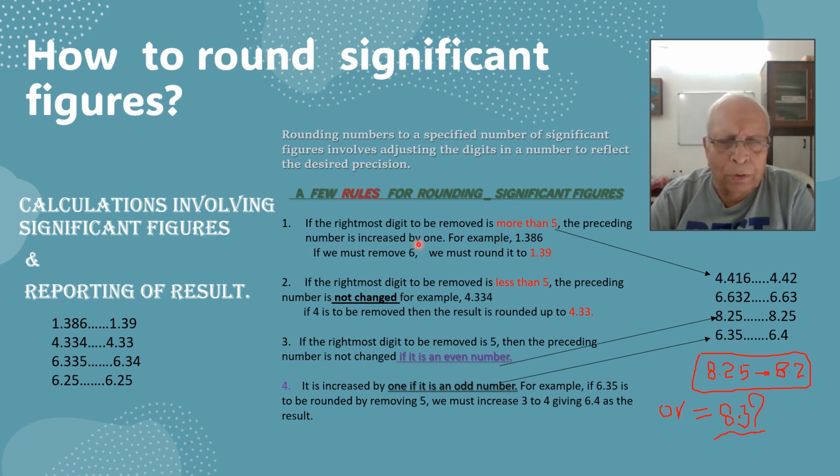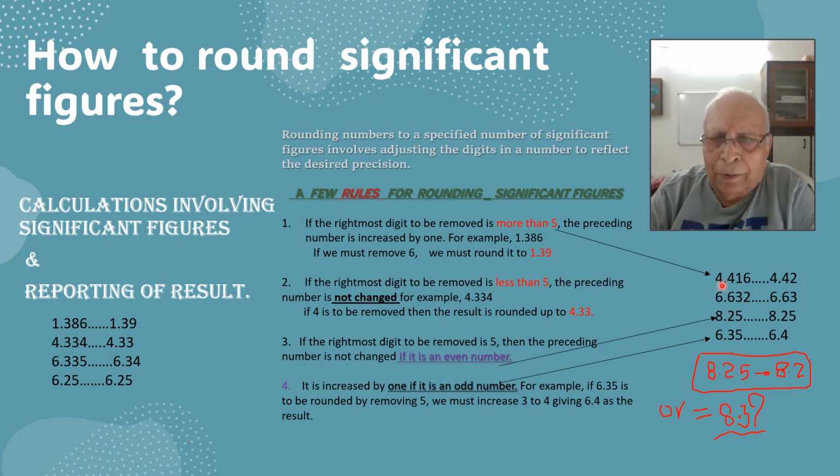Now, we have to view the number provided, and we have to first determine the number of significant figures we need so as to get maximum precision with limited number of significant digits. So, here is an example. Suppose the number is 4.416.